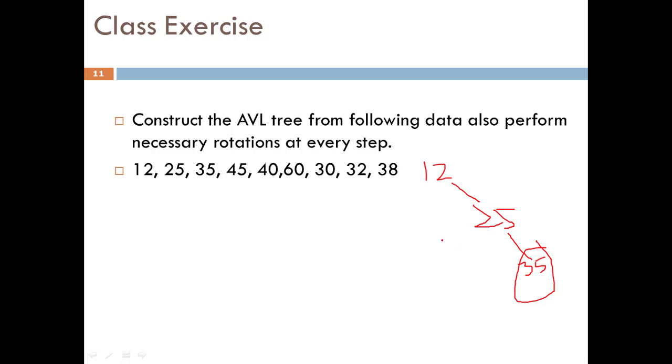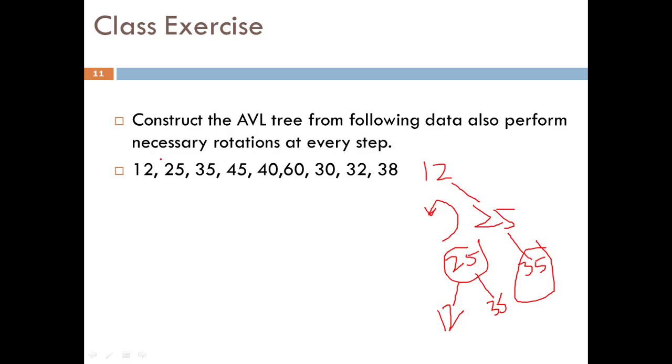So after this we will perform a single rotation. It is a single left rotation. So after performing this, 25 will be the root node, and 25's left will be 12, and its right will be 35. Okay, so this is how it works.